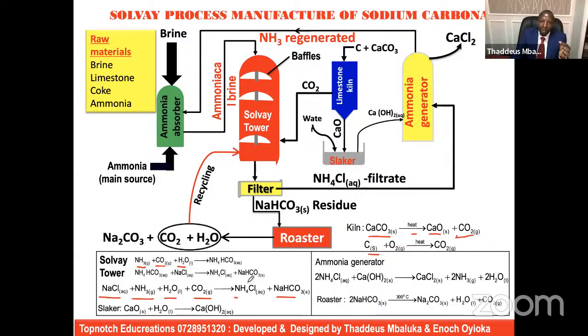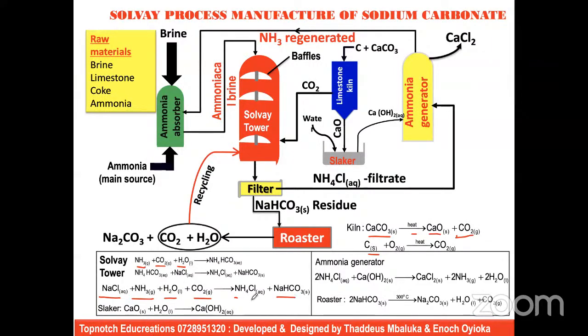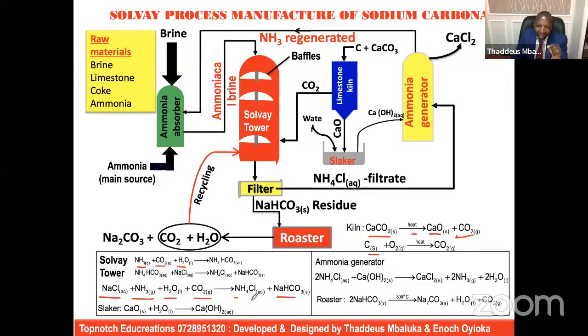When these are formed, ammonium chloride is very soluble, while sodium hydrogen carbonate is less soluble at that low temperature. So at that temperature, sodium hydrogen carbonate is formed as a solid, and ammonium chloride as a solution.